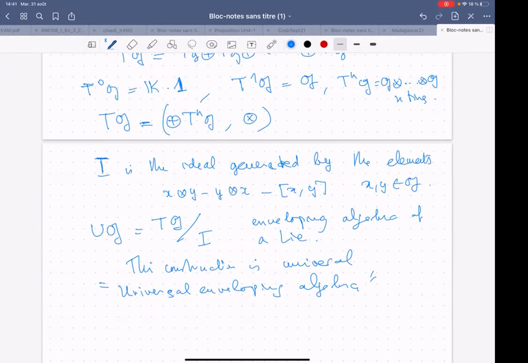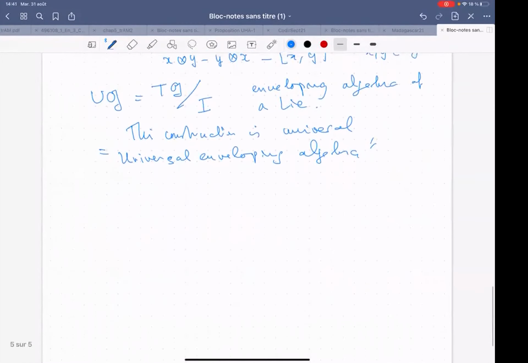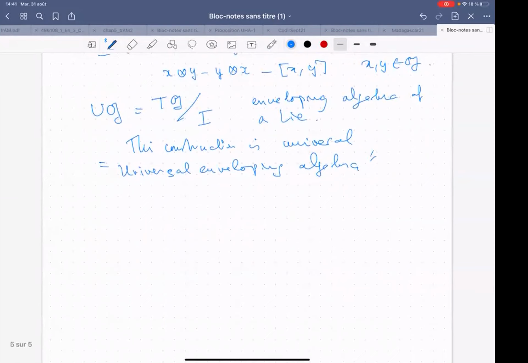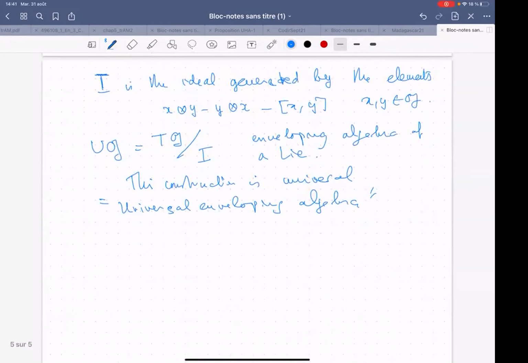Now we have here an algebra which is infinite dimensional, but it has very nice properties. The first one: when you have an algebra, you are interested in providing a basis. Of course, if you take all the monomials, you get generators.